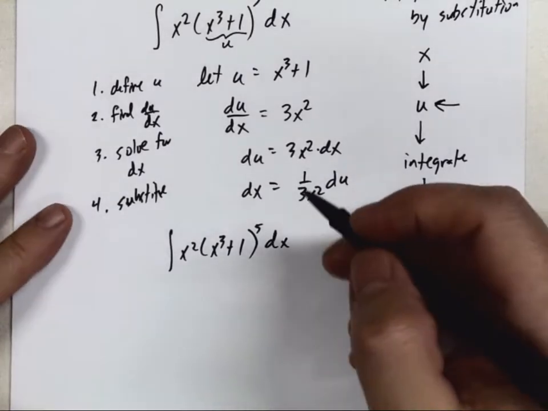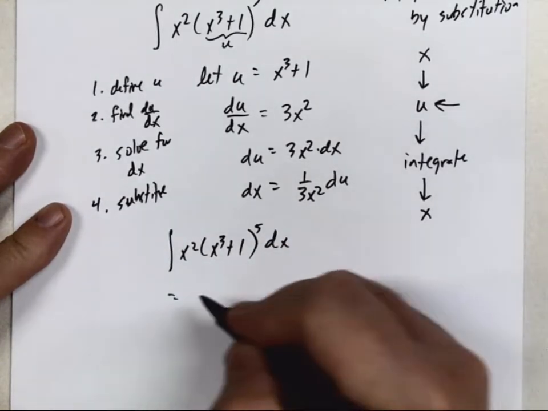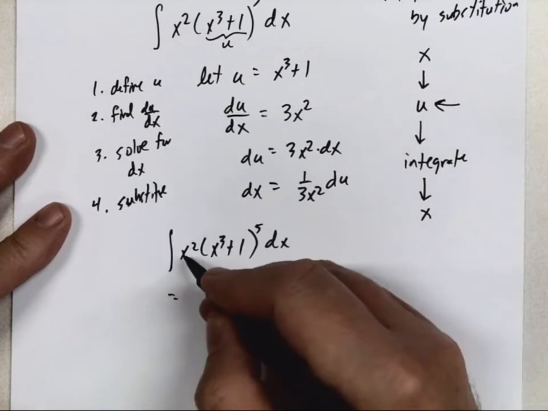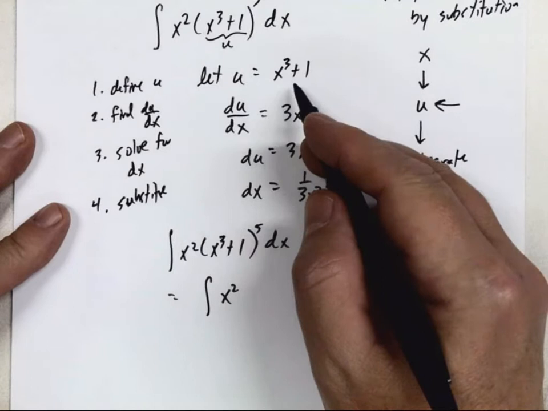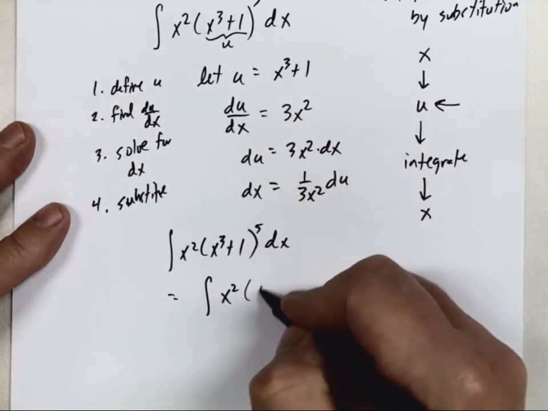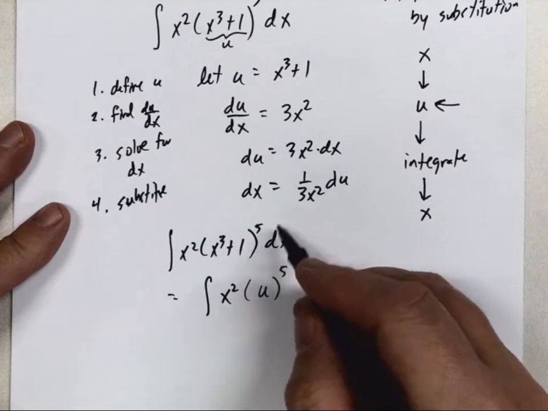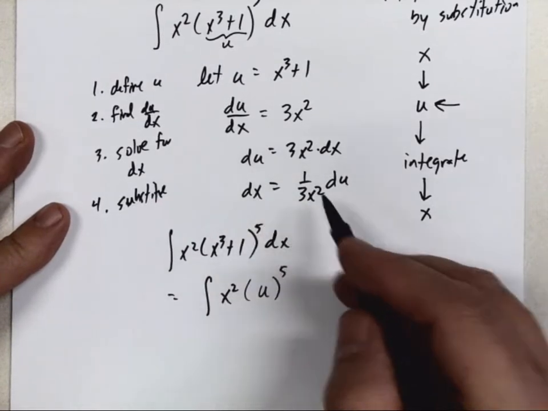So the key is, let's start with the u part. We call this u. So this x squared tags along for now. X cubed plus 1 is what I called u. The dx up here, I figured out what dx is equal to.